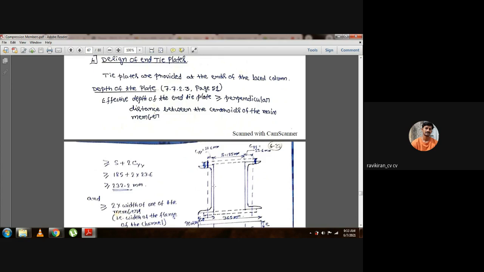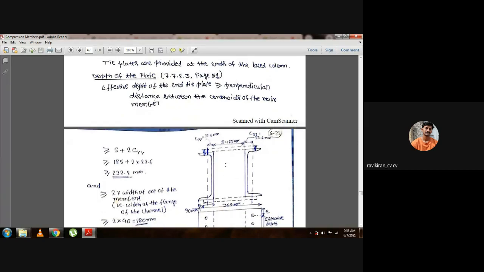See, this is the centroid for the main member, that is CYY value 23.6 millimeter, and the spacing which we provided is 185 millimeter. So S plus 2 times CYY you should provide.